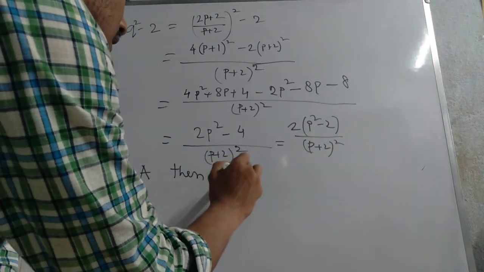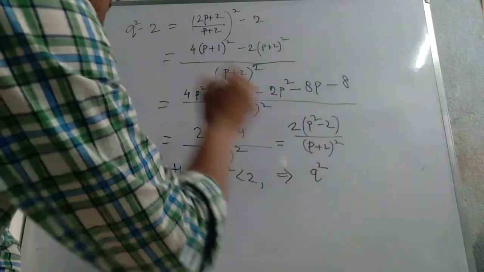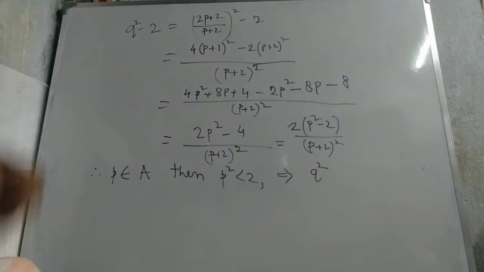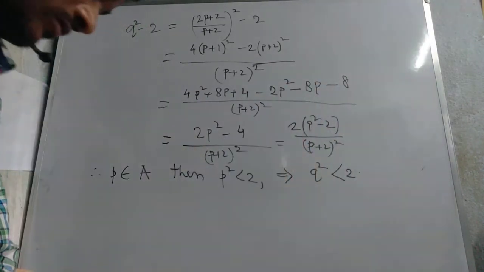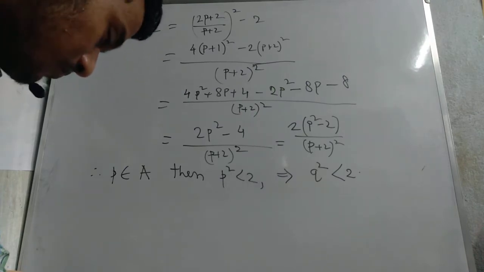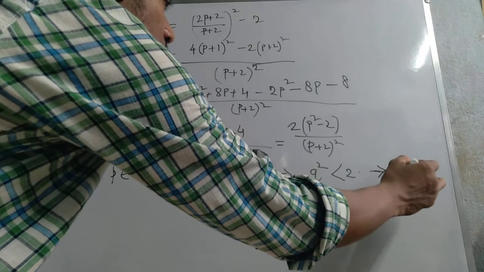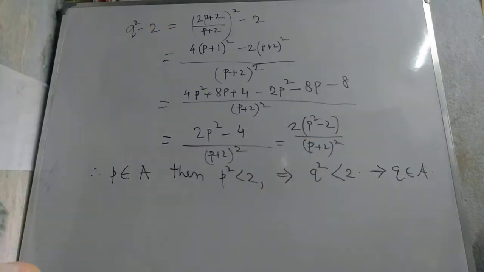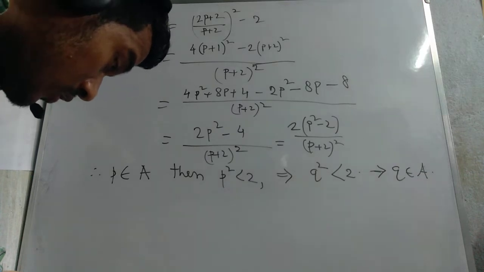Since p square is less than 2, q square is less than 2, and this implies q also belongs to A. But we constructed p less than q.